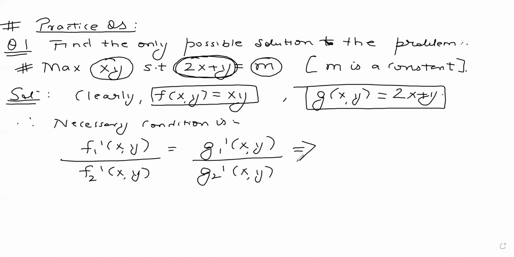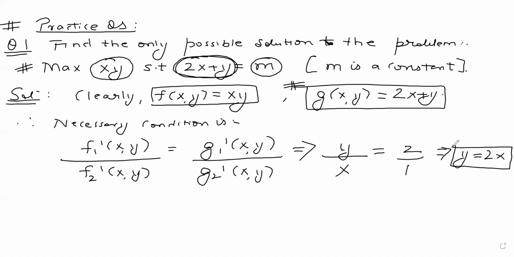What is f1 dash? If I differentiate the function with respect to x, I get y. If I differentiate with respect to y, I get x. Differentiating g with respect to x, I get 2, and with respect to y, I get 1. So y by x is equal to 2 by 1, which implies y is equal to 2 times x.